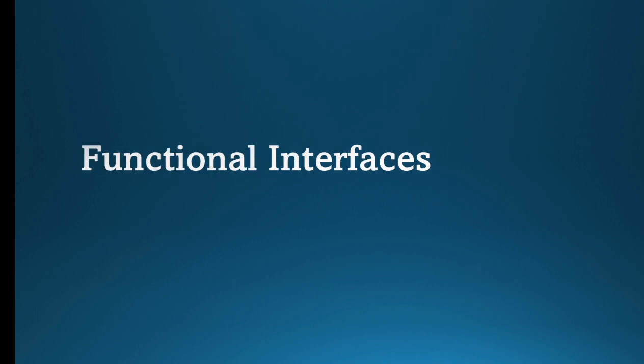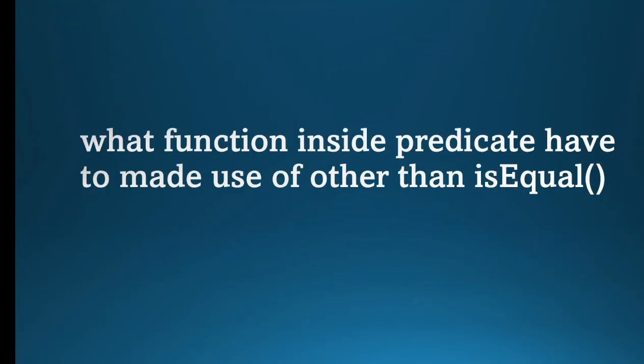Functional interfaces: this is a Java 8 feature. We need to talk about what advantage we get out of functional interfaces, and in which scenario we have used them in our applications. If we haven't used them, we should say that we haven't. What functions inside Predicate have you made use of other than isEqual?